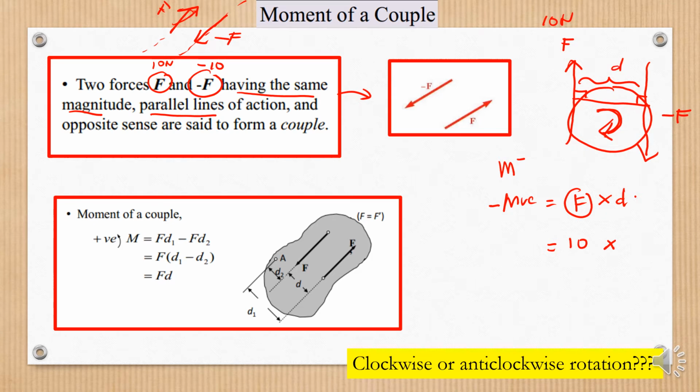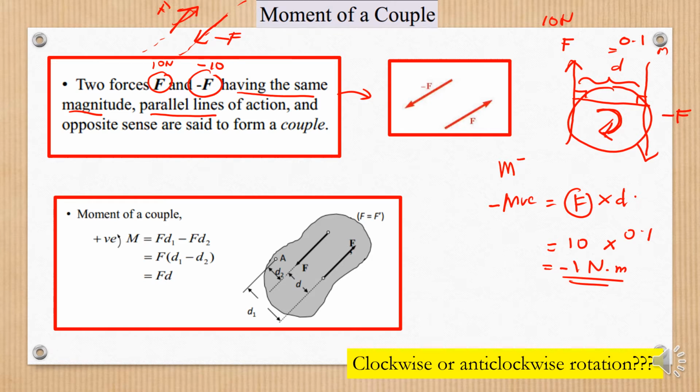For example, let's say this one is 0.1 meter, and you multiply by 0.1 meter. Then you get the moment due to this couple, which is 1 Newton meter. Remember that it is rotating in the clockwise direction, so it becomes negative 1 Newton meter.